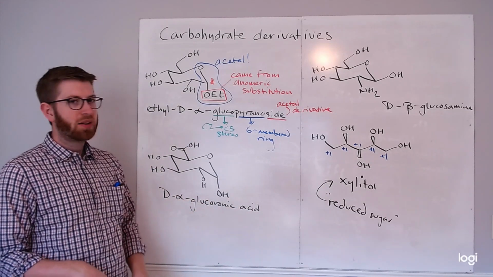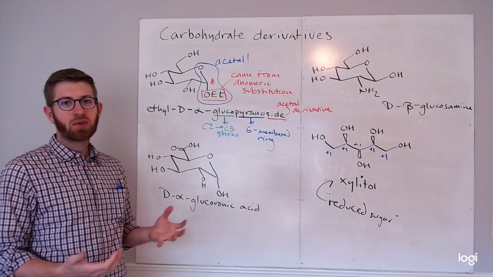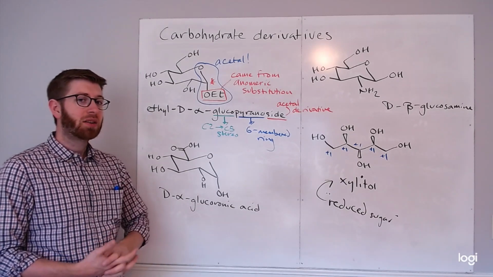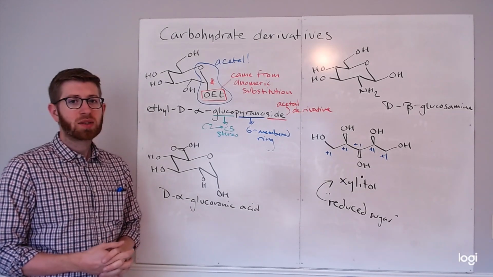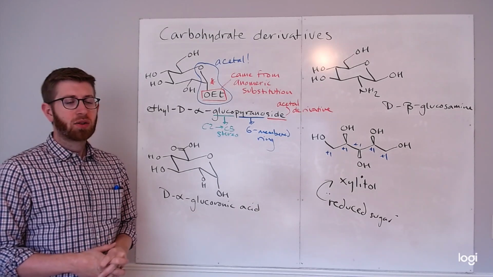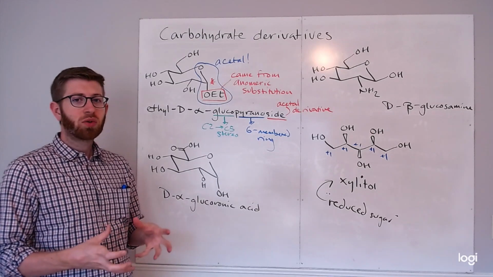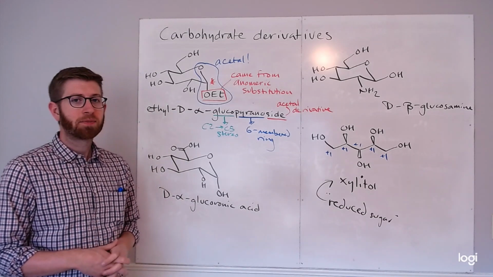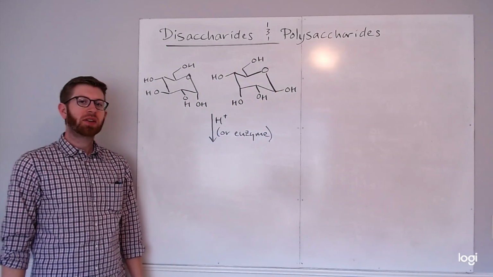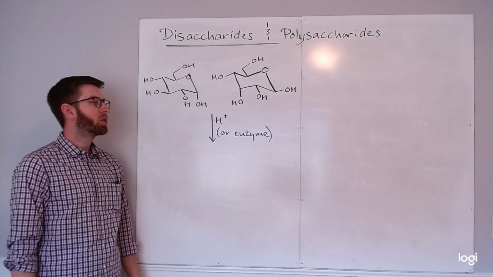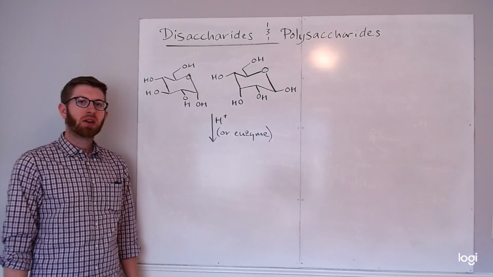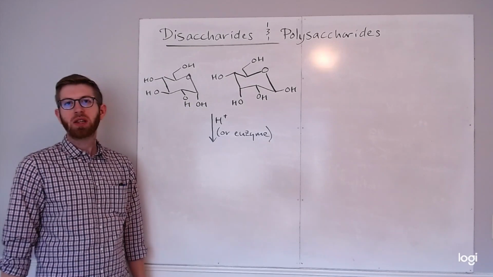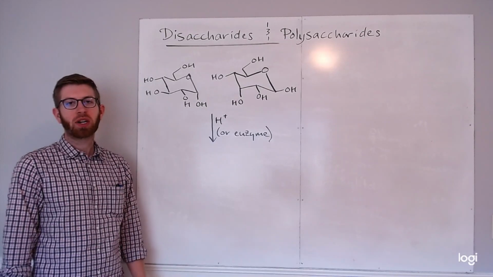So this was to give you a sense for what kinds of structures we might care about that are related to carbohydrates. In the last section of this video, we'll look at linkages of individual carbohydrate units to make what we call polysaccharides. What we'll be looking at is what happens when two sugars react with each other to form more complex chains or linkages of carbohydrates.